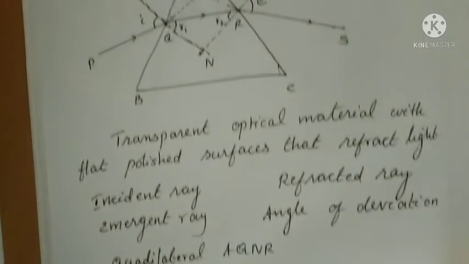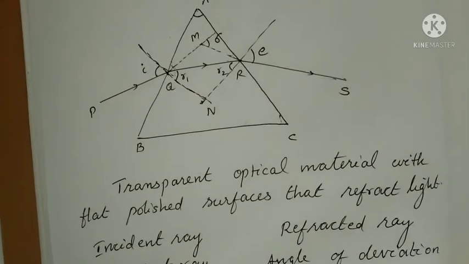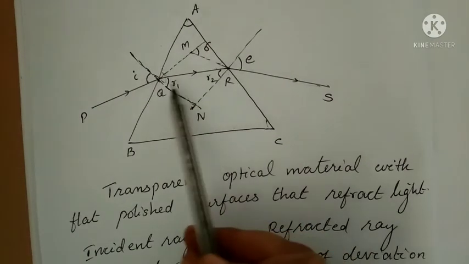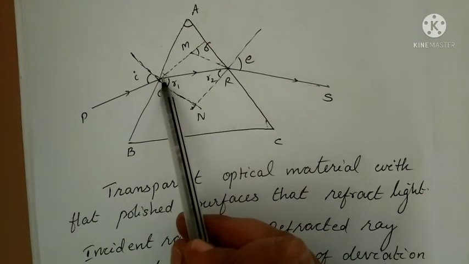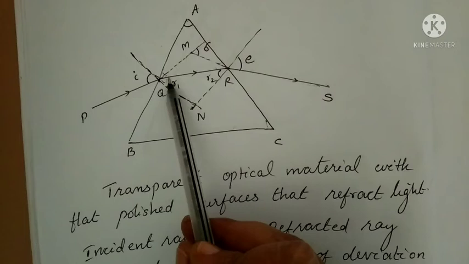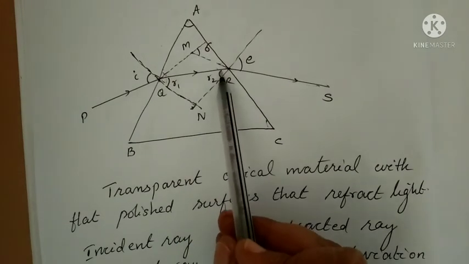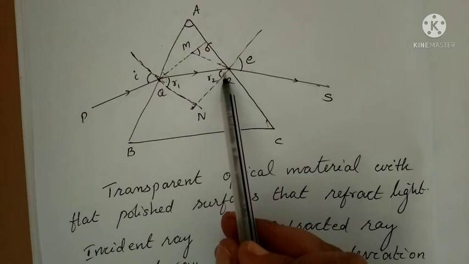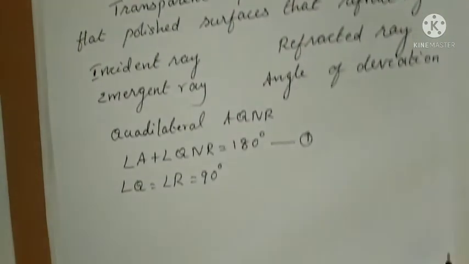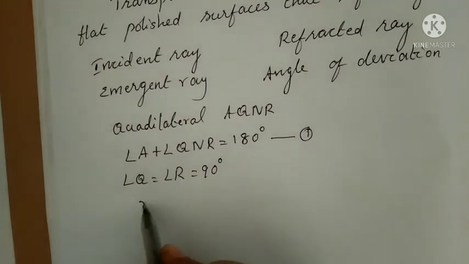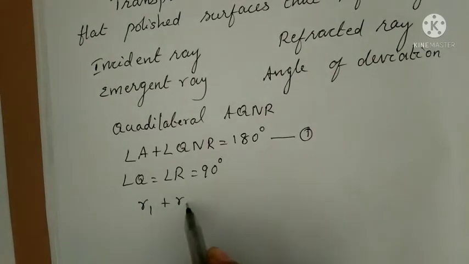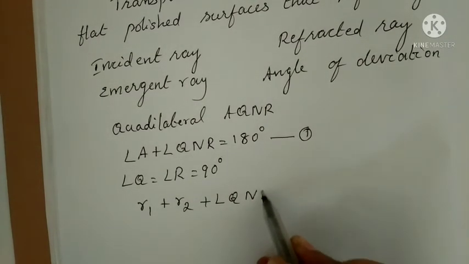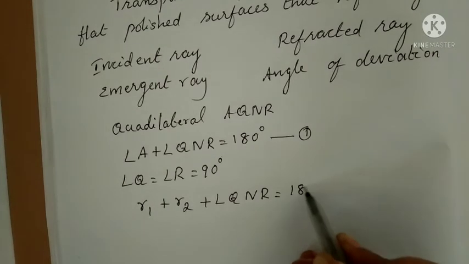Then we can consider the triangle QNR. In this triangle, angle R1 plus R2 plus angle QNR equal to 180 degrees.